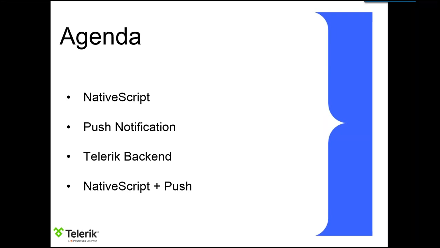Basically, if you are coming from a mobility world, you might have heard of the terminology MBaaS, or Mobile Backend as a Service. So Telerik Backend is our offering on our cloud, on our mobile platform, which is a backend as a service. And finally, we're going to take a look at how you can do push notification implementation in NativeScript apps. How do you handle the push notification? So that's a simple agenda.